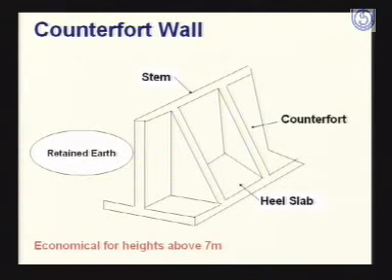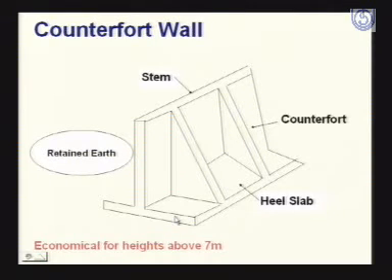Because of the earth pressure due to the retained material, the bending moment in this vertical arm will be very high. Also the bending moment in the toe slab and the heel slab will be very high. Then what is the effect of it?